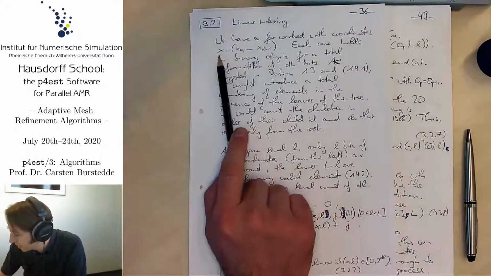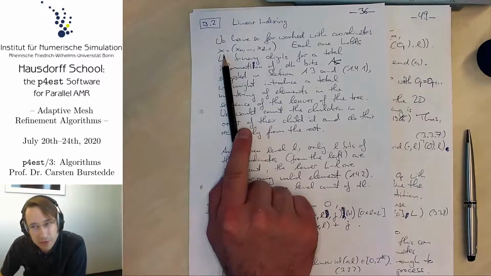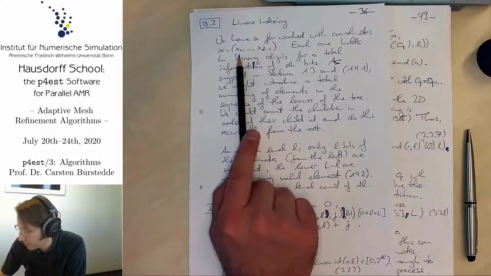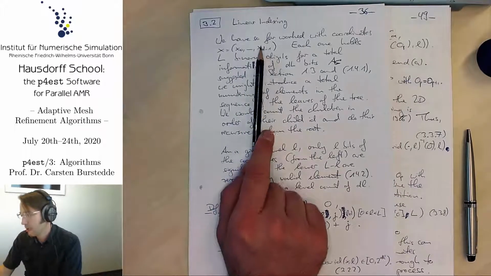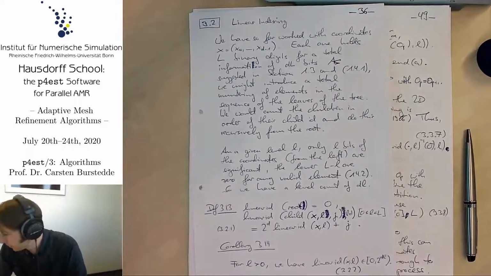We had expressed or encoded a quadrant by the coordinate of its lower left corner, which is a tuple over the dimensions. So we have a certain number of integer bits for the first coordinate, second, and so on until the last. So in 3D we would have a triple of integers.